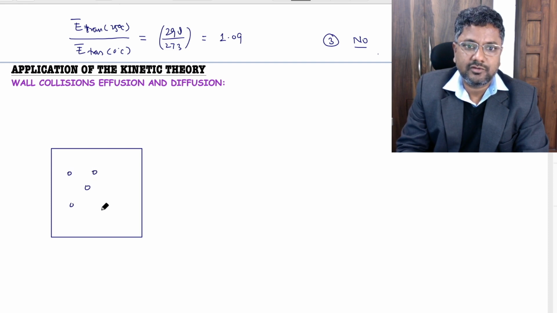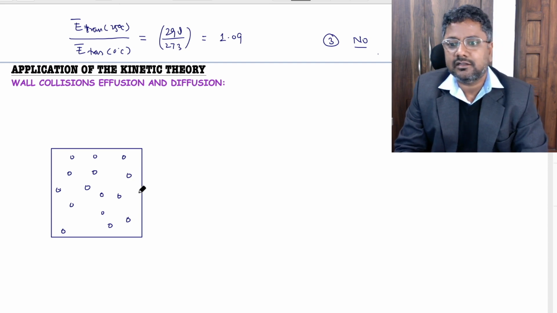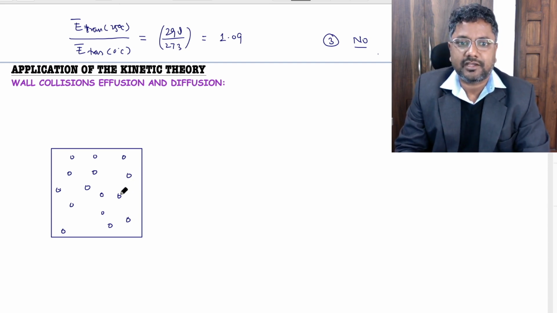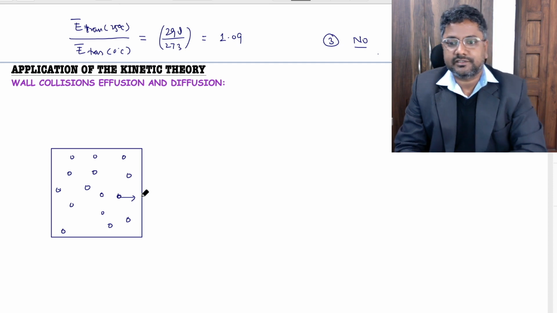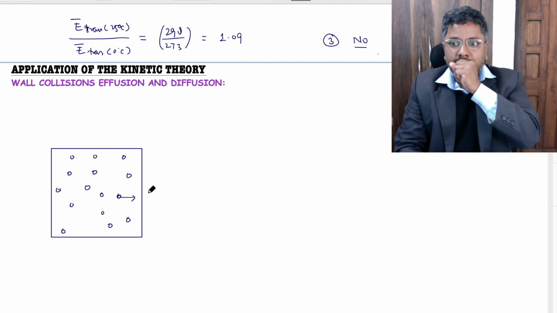So first we formulate the formula for collision of gas molecules with the wall of the container, and then we will develop the concept for effusion and diffusion. So suppose that this molecule is striking with the wall of the container.